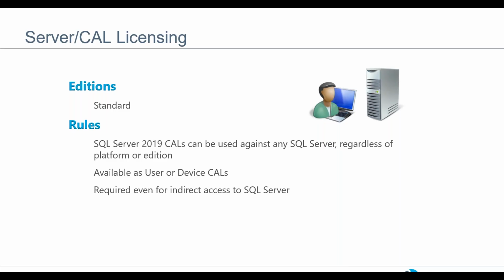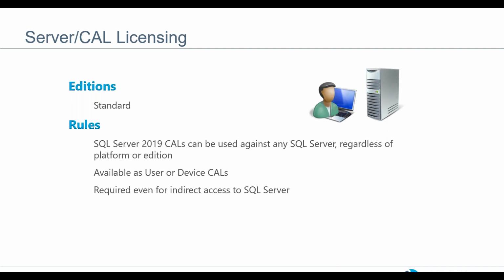So if we are looking at Server CAL, if a virtual machine or physical host has SQL installed, we need to cover that physical host or that virtual machine with a server license. So we cover that server, and then any user or device accessing that server, whether that be direct or indirect access, requires a client access license to access that server or that edition of SQL Server.